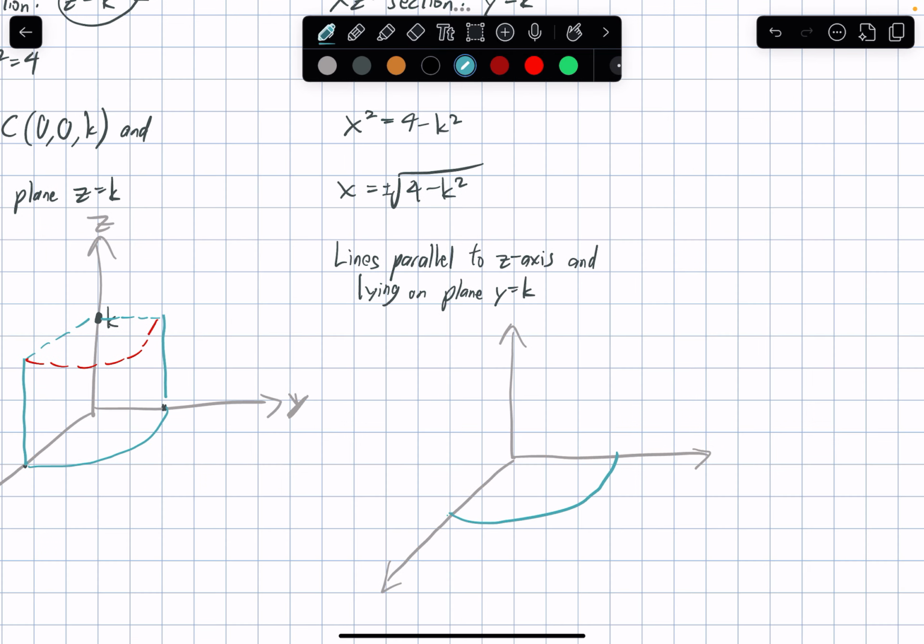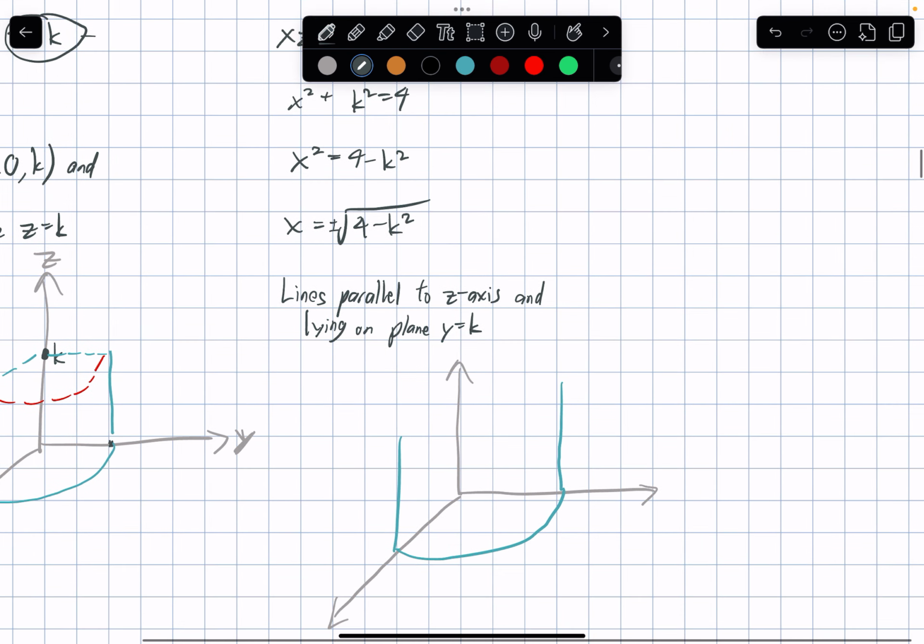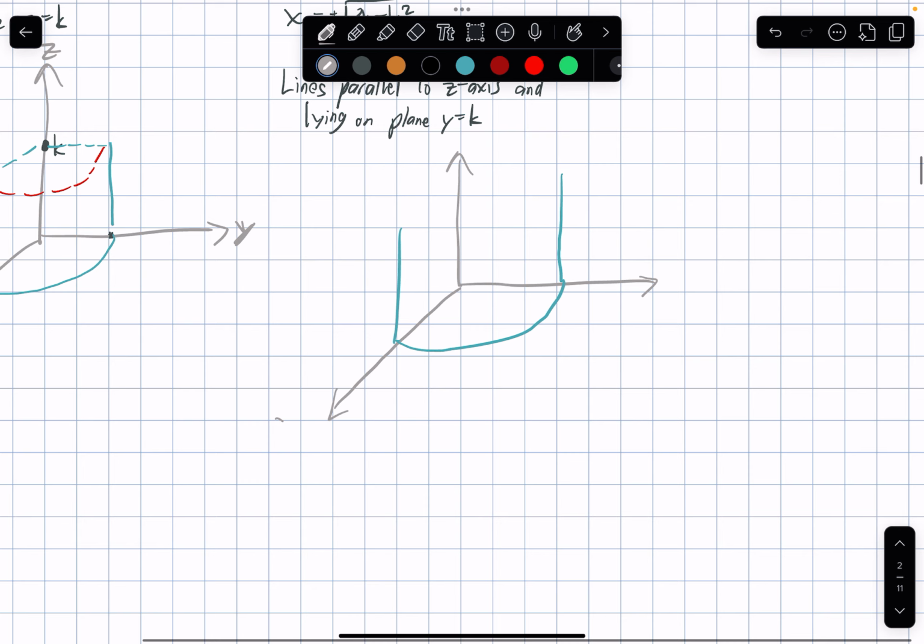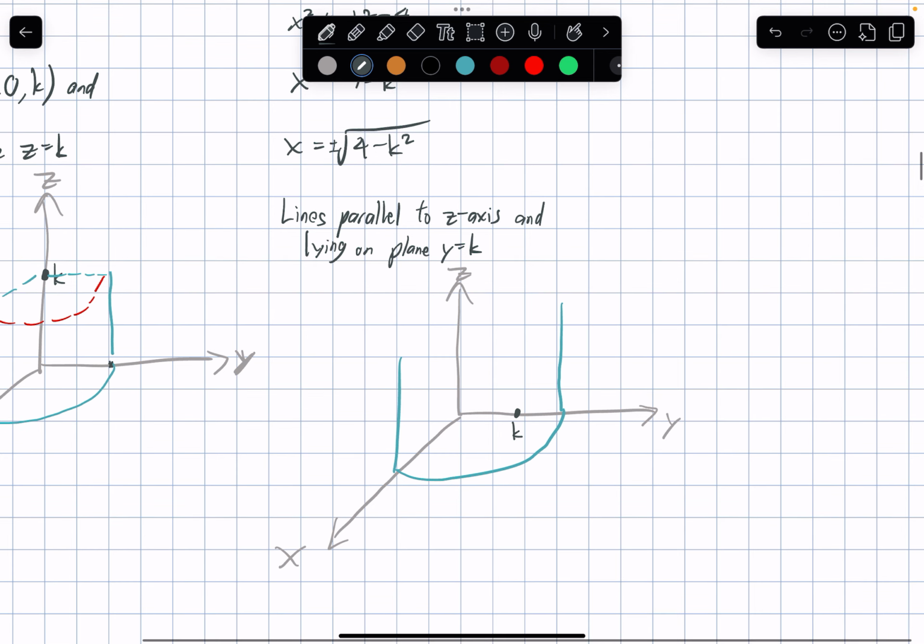Okay, again we draw the traces. Y is equal to k, right? So again label x, y, z. Y is over here, we put k over here. We can show that it's parallel. So we have something like this.